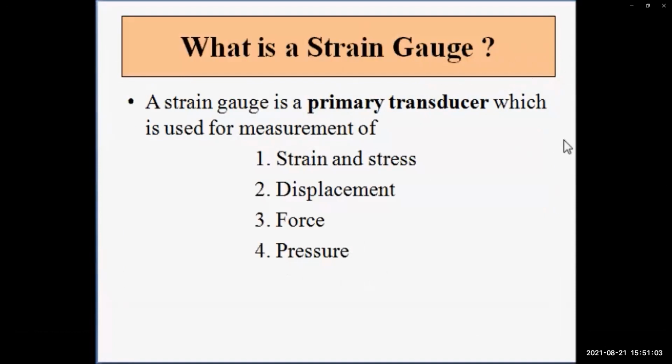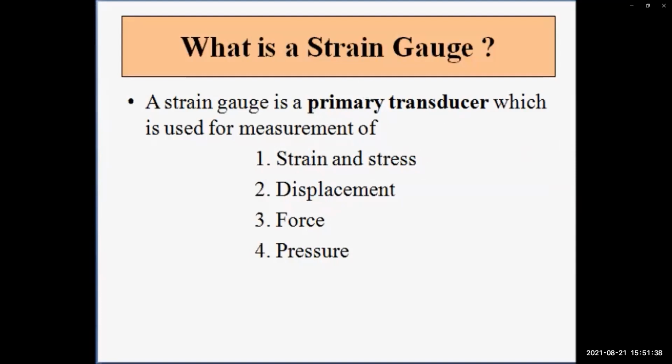It is basically used for measurement of strain, stress, displacement, force and pressure. As it is a primary transducer, in order to convert the output into a suitable voltage or current signal, we have to use a secondary transducer or a signal conditioning circuit.